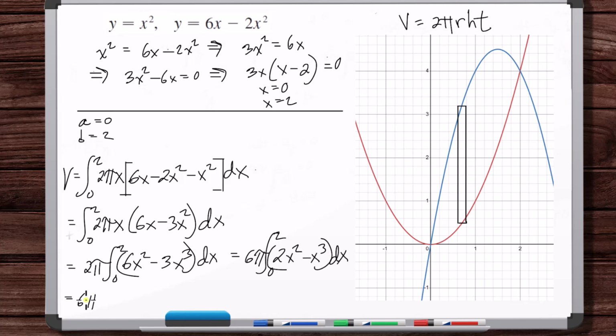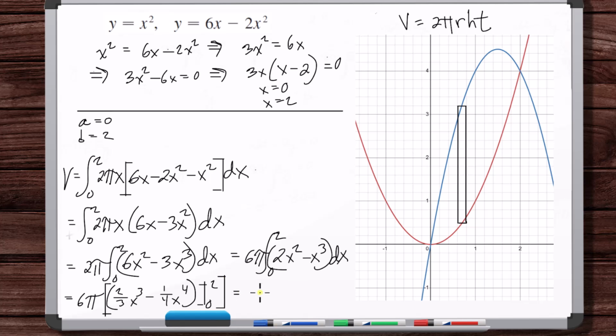Okay, so 6 pi times 2/3 x cubed minus 1/4 x to the 4th, evaluated from 0 to 2.